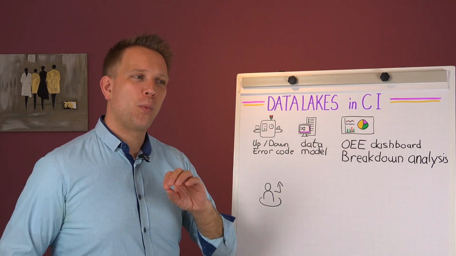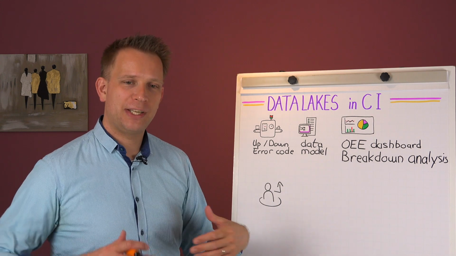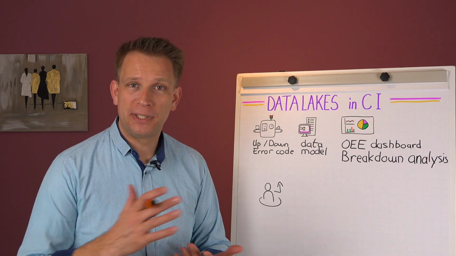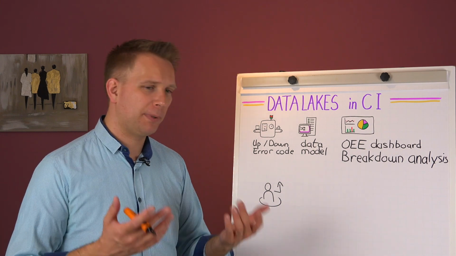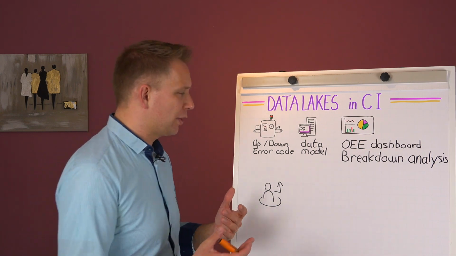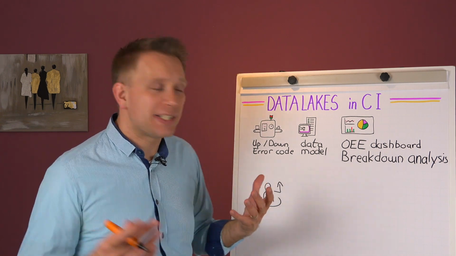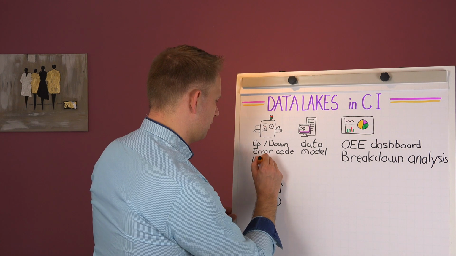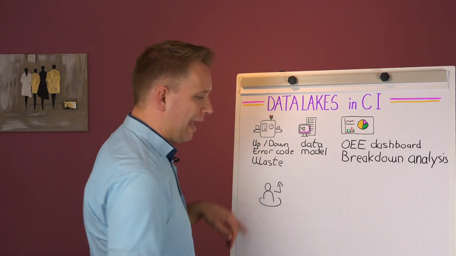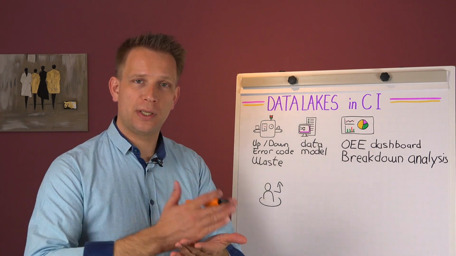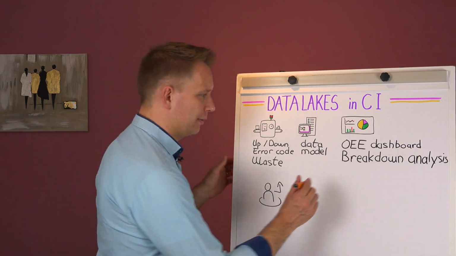Now, what you can also imagine is that you want to extend it. Let's say we also want to have the material, the quality part, the material waste part. So we're going to add in some things like how much waste did we make? And by having the waste in here, we can go to the quality percentage.